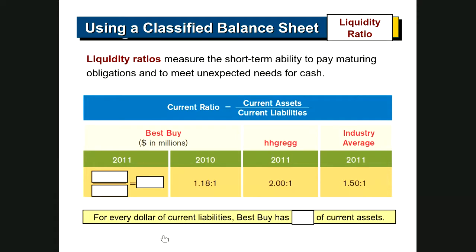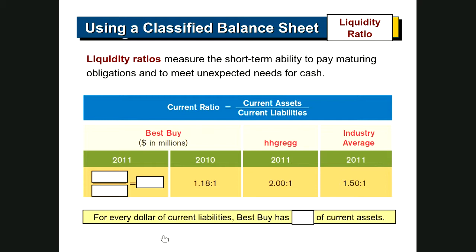Is it always going to be one on the right side? So whatever amount you get, we say it is to one, right? So 1.18 is to one, 2.00 is to one. So it's always is to one. So the right side is always one, right?